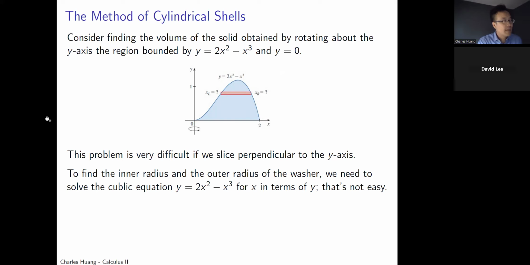So here we have the y-axis down in the middle. And we're going to rotate this region. I'm going to use a lighter color in the middle. Oh, wait. What I like to do is draw the same shape on the other side.